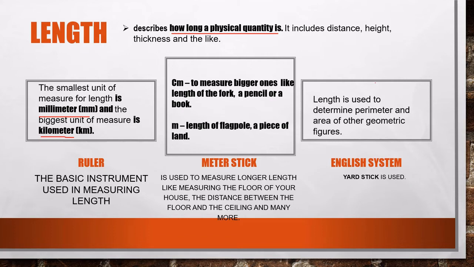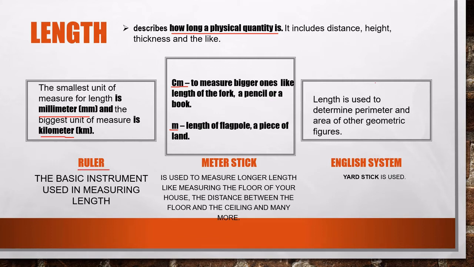To measure bigger ones like the length of the fork, a pencil, or a book, you will use centimeter. To measure longer lengths like the length of the flagpole, a piece of land, you will use meter as the unit. Now, length also is used to determine the perimeter and the area of the geometric figures.